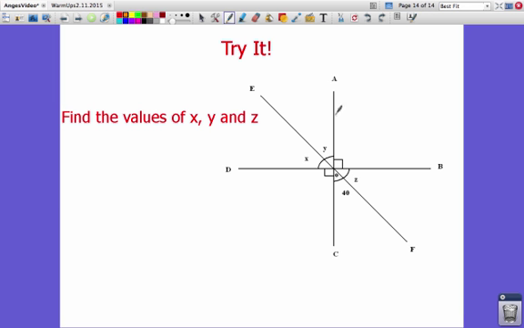As a hint, this angle right here is a right angle. It's 90 degrees. That should help you figure out what z is, which should help you figure out what x is, which should help you figure out what y is. So using the properties of vertical, complementary, and supplementary angles, you need to figure out x, y, and z.